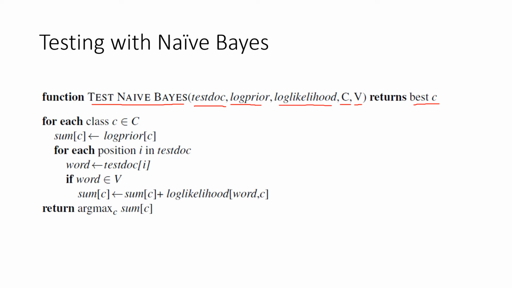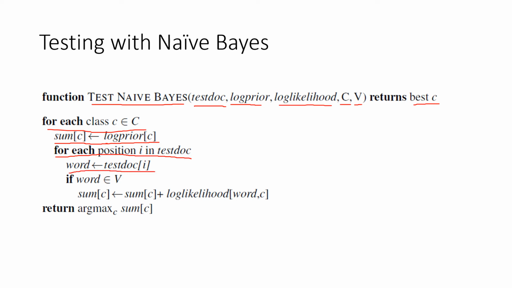So the procedure goes as follows. For each class C, we add log prior of a particular class into the variable sum C, and then we go through our test document, and for each position i in test document we take a word.